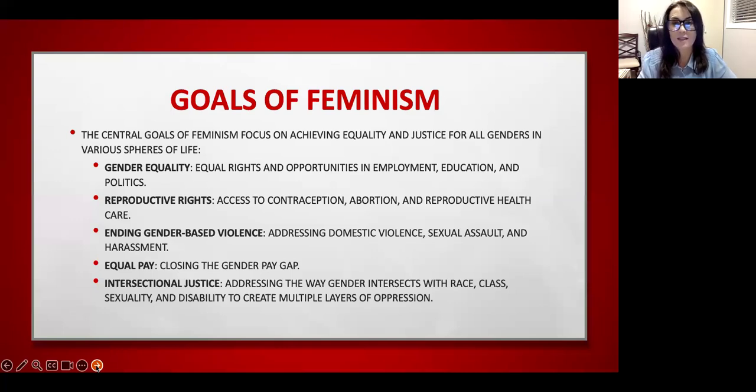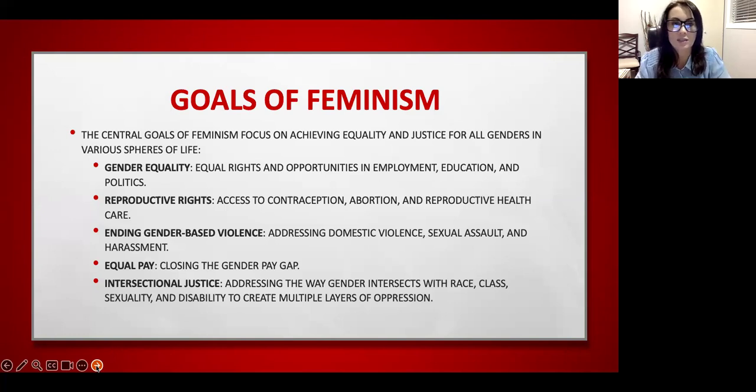Equal pay is another issue that feminism focuses on even today, that even today payments are not equal even in democratic countries. We can take a look at the numbers, and there's so much more to do.